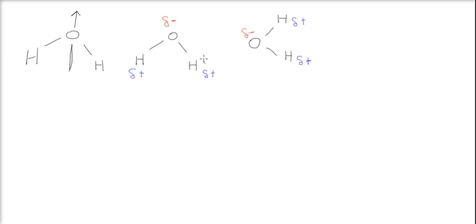And the reason for that is simply because oxygen and nitrogen are the two most electronegative elements in the periodic table, because they are furthest over to the right.